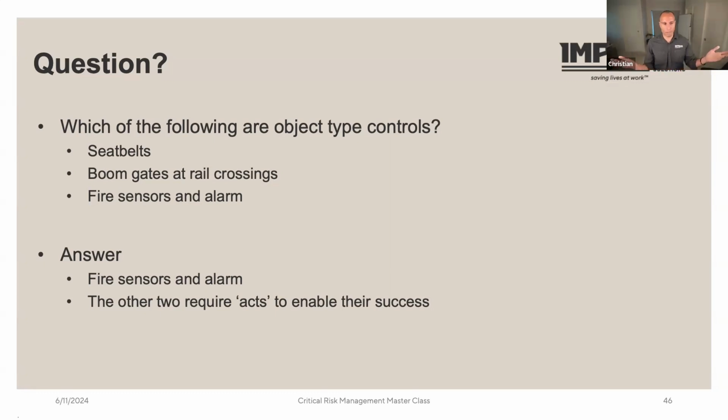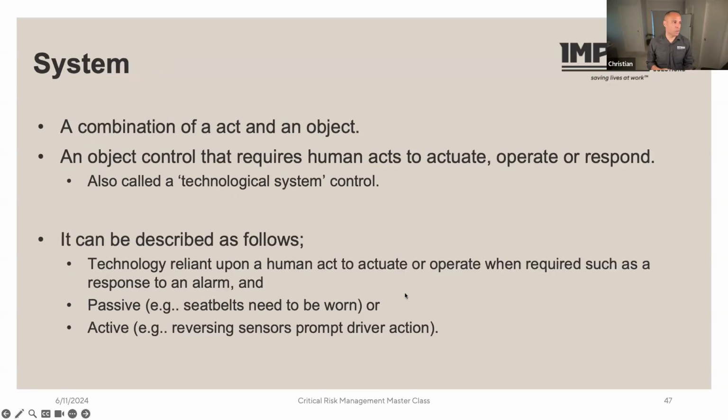Same with boom gates. Where I live in North Queensland, the boom gates only come down a little bit. You could still drive around them. Maybe in the capital city, they come down and you can't move past them anyway. So the other two require acts to enable their success, which then moves us into this third type of control category, which is a system, a combination where an object and an act together give us a system type control.